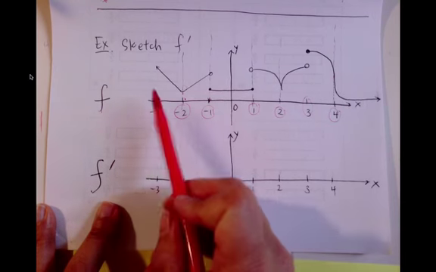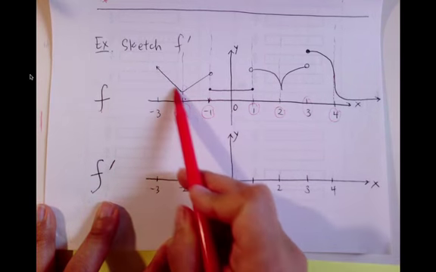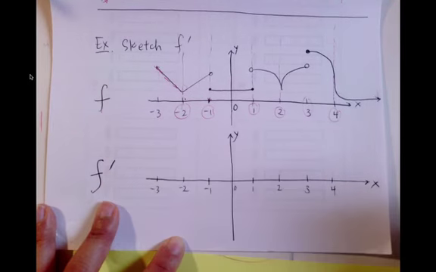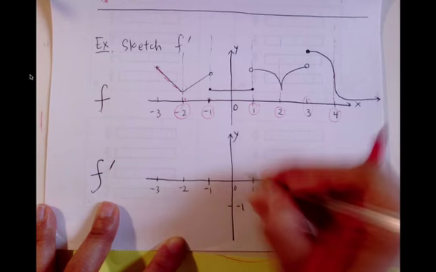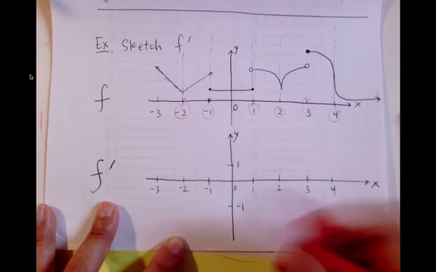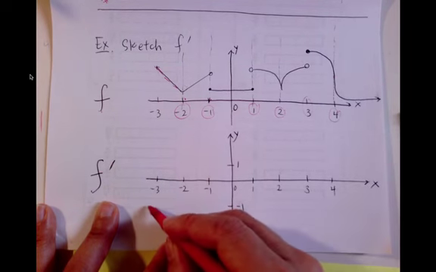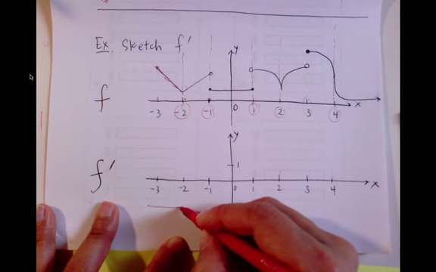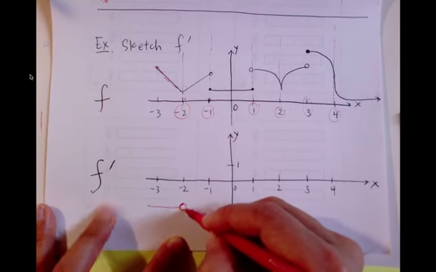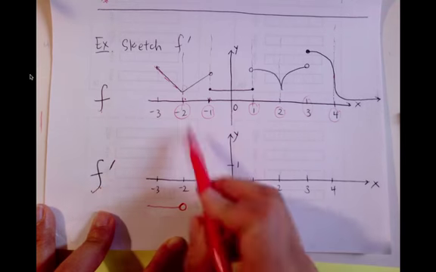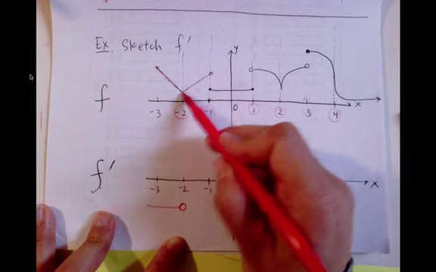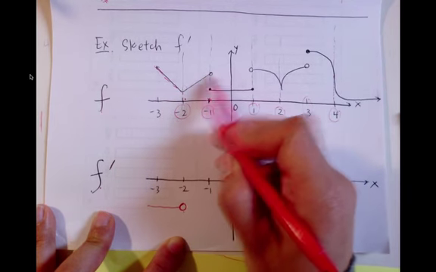Okay, well, it appears that the slopes of all of the tangent lines in this interval are going to be -1. So I'm going to draw that in my graph all the way over to -2. At -2, I'm going to have an open circle because the derivative function will not be defined where there's a corner. Now, as I move to the right of -2, it seems like the slopes are approximately 1.